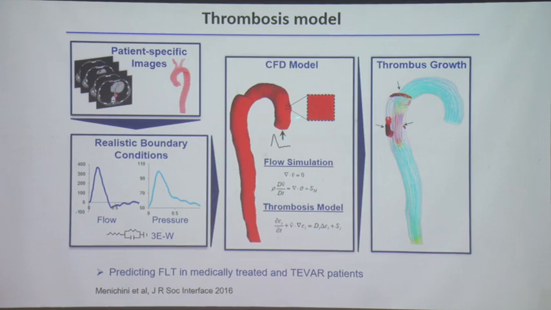Initially, we tried to keep the model relatively simple, so we did not include the arch branches. We just modeled the aorta, including the true lumen and the false lumen. Then we solved all the equations that I described earlier, and the model can predict where the thrombus is formed.